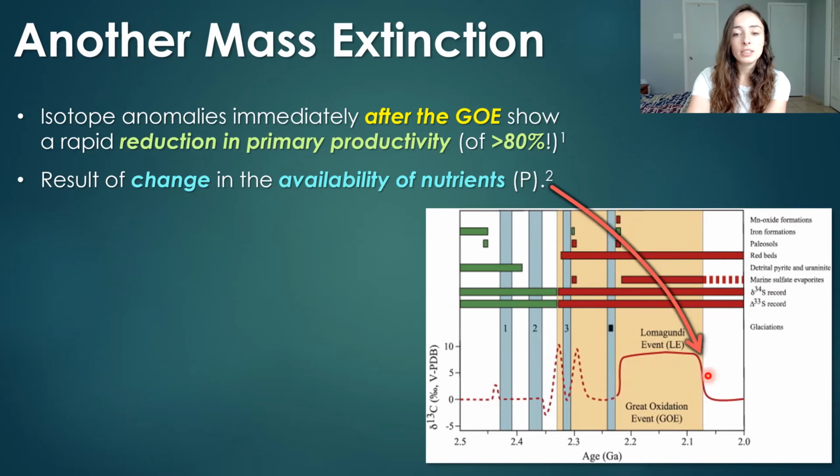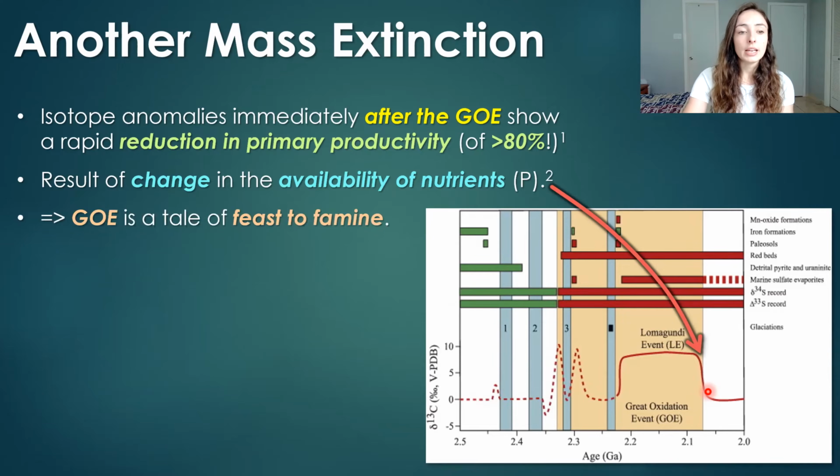And so because of a reduction of the availability of phosphorus, there was a huge drop in primary productivity indicated by the end of the Lomagundi carbon excursion here that showed a big drop in carbon isotopes because of a big drop in carbon burial rate due to the drop in primary productivity. And this is why the GOE marks a tale of feast to famine.